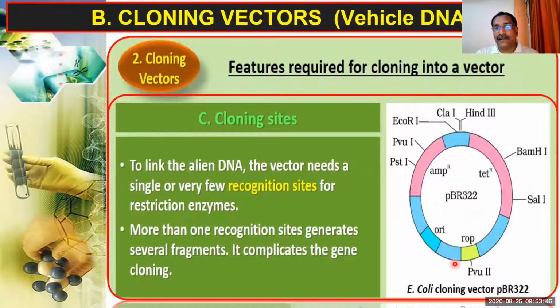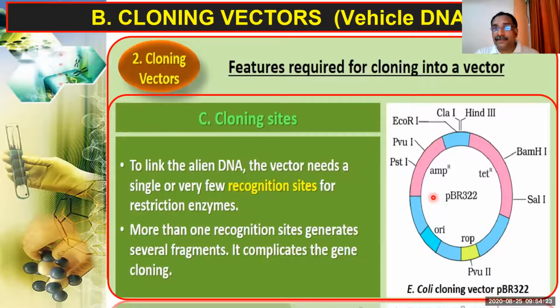You want to cut the DNA and then insert the foreign DNA. Cutting can be done at specific locations only, wherever the palindromes are, wherever the weak spot is. That means there must be certain recognition sites, and only on the recognition sites will the restriction endonuclease enzyme function. So the cloning site must be there in each and every plasmid.